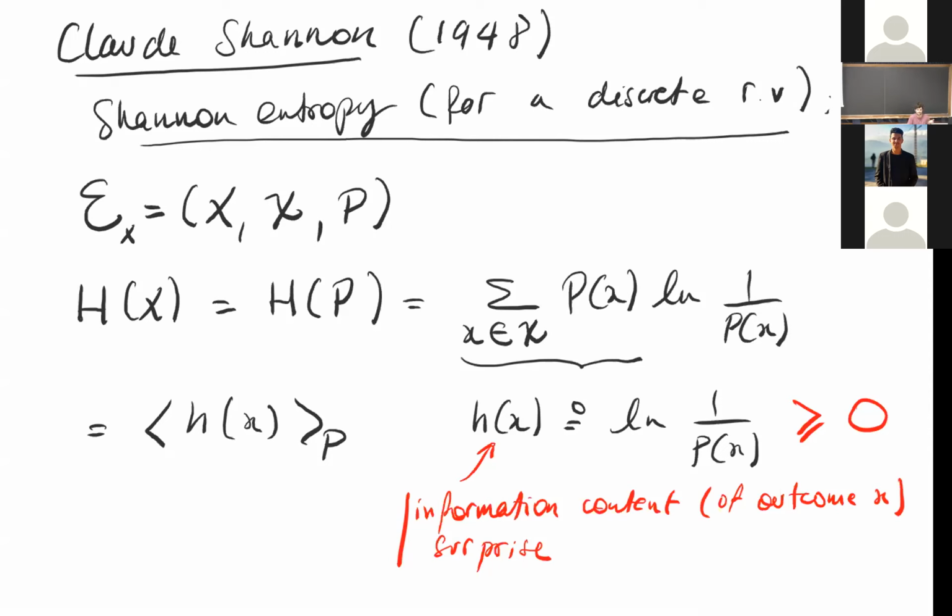So the information content of this outcome, where the random variable is whether the sun will rise or not, is very low. Or equivalently, the associated surprise is very low. When you see the sun rising, it's not so surprising. It was extremely expected.